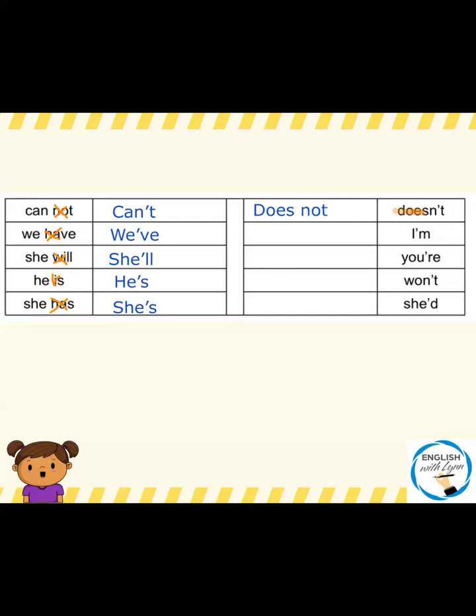Now I can see the pronoun I in the next one, and the apostrophe is showing that the A is missing, so the full version is I am. The next one, I can see the pronoun you at the beginning, and the RE, I'm missing the A, so you are.